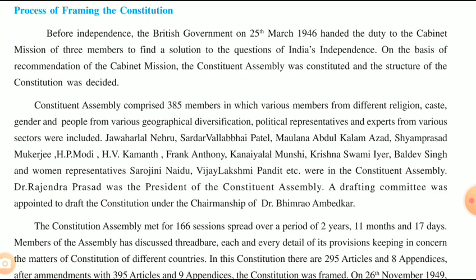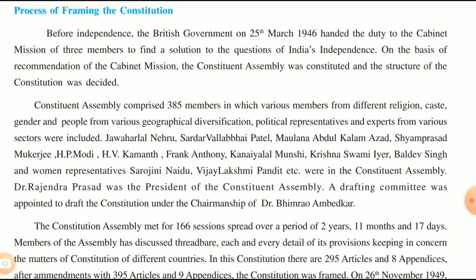These members are experts and scholars of different areas and from various locations, so that the constitution contains all relevant facts and people of all different types and their faiths are included. So, in order to prepare a good constitution, various people from different regions, and from different political and administrative areas were called and were able to form a constitution.